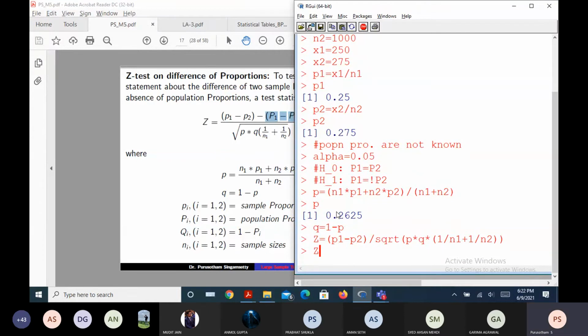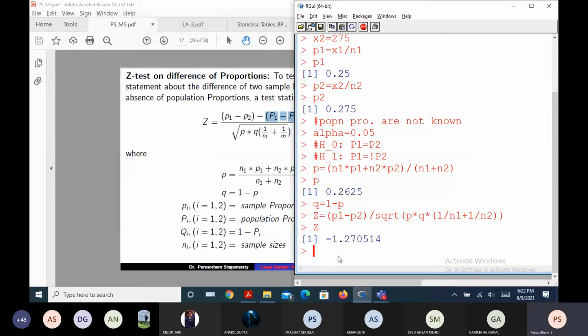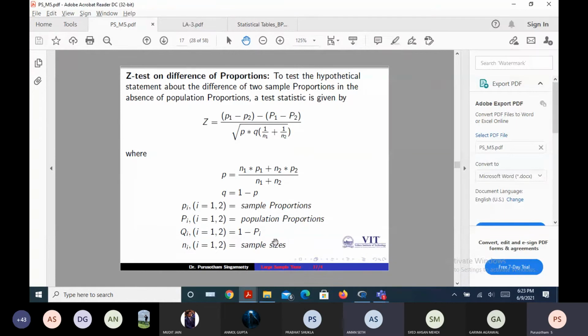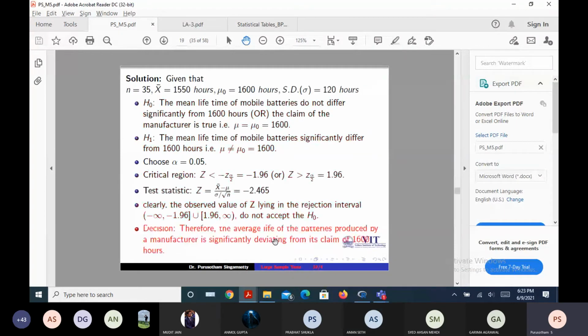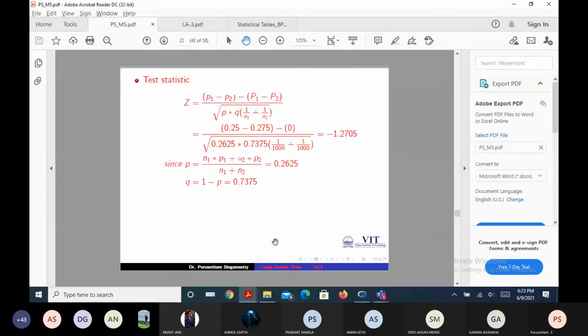What is the value of Z? How much are we getting? Minus 1.27. Let us look at whether I have the same answer or something different. Minus 1.2705. Same thing, right?